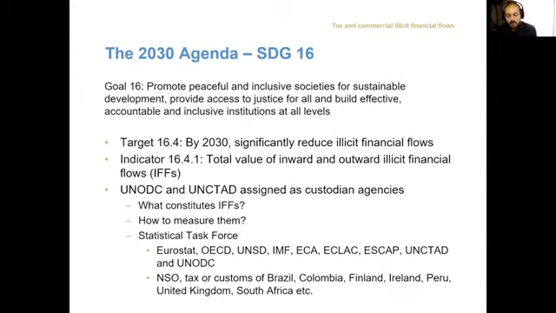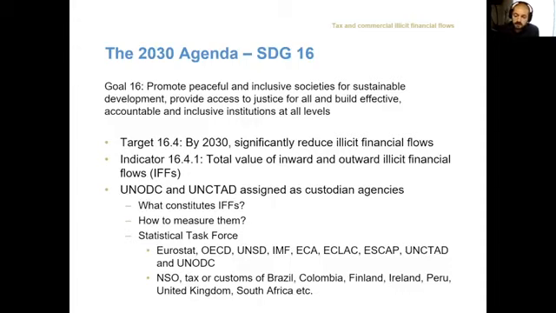Second, two agencies, namely UNCTAD and UNODC, have been assigned as custodians of this indicator, which means they were tasked with answering two questions. So what are IFFs, number one, and number two, how to measure them?